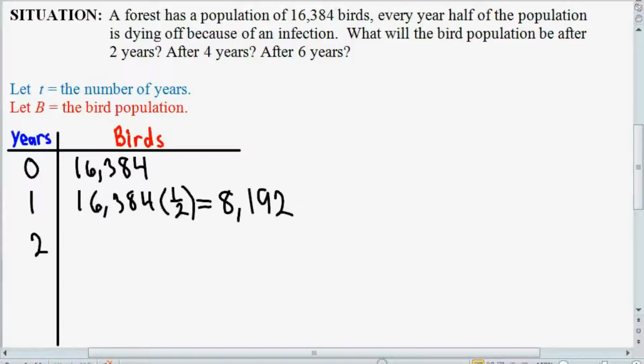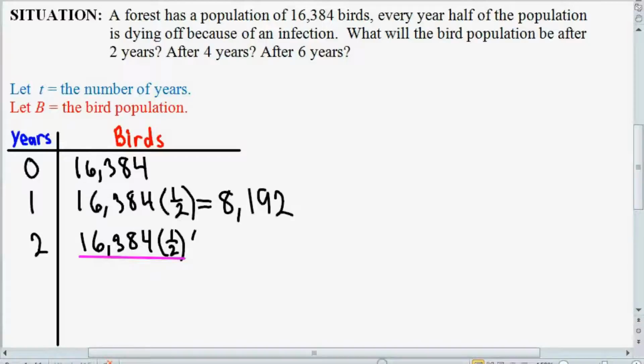For year 2, that bird population will then again be cut in half. Instead of writing 8,192, we will represent 8,192 as 16,384 times 1/2. This represents the bird population of 8,192.